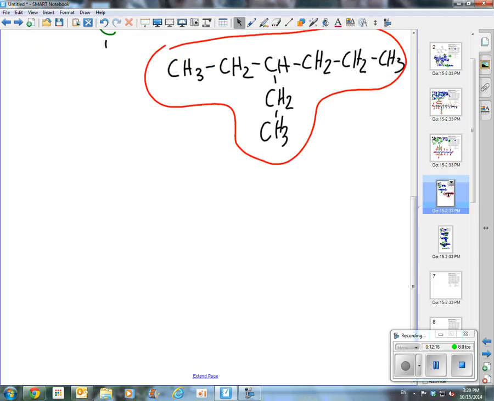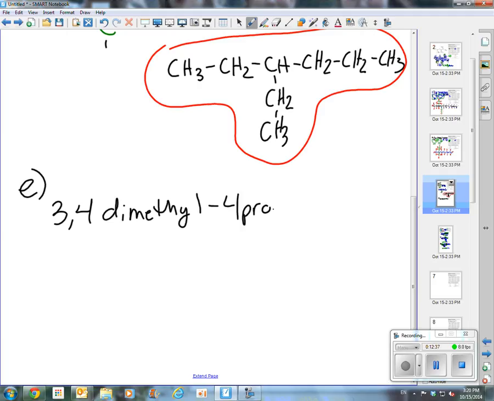Let's do something a little bit more complex, and we will do E together. So this is 3,4-dimethyl-4-propylheptane.